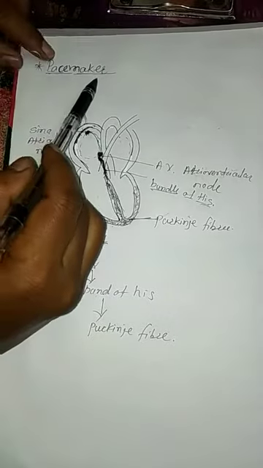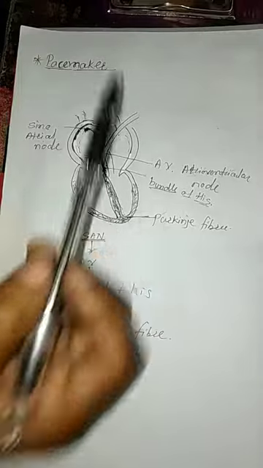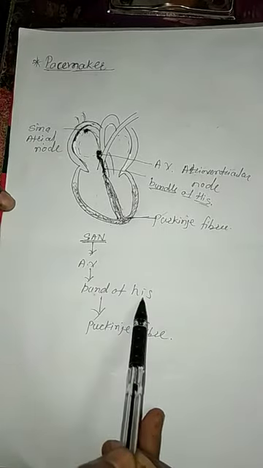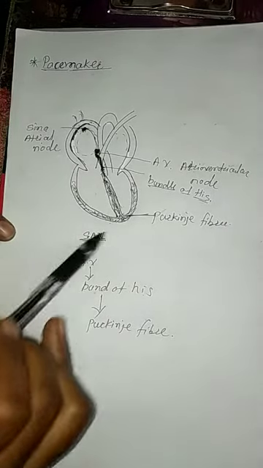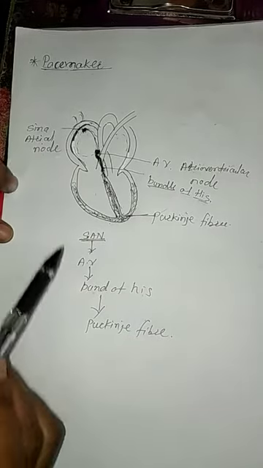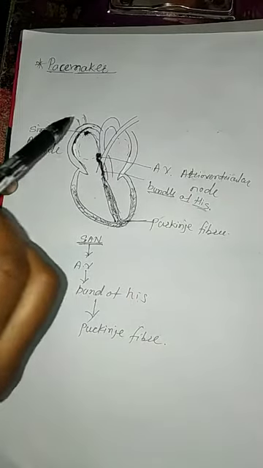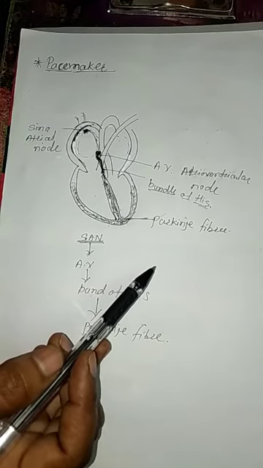Understood what is meant by pacemaker? And all together, what? The SA node, AV node, bundle of His and Purkinje fibers all together form a system which creates the impulses and conducts them to every part of the heart, and due to these electrical impulses the heart contracts and relaxes.